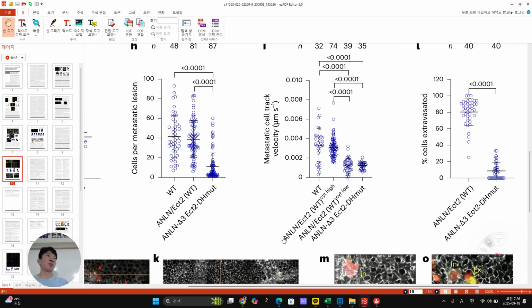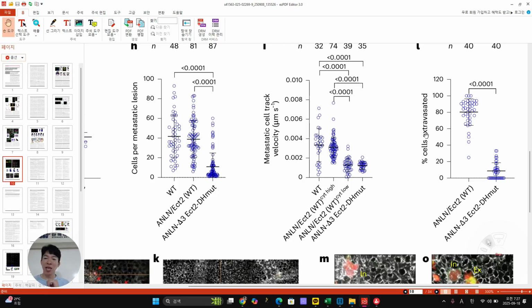Maybe some cells 100%, some 50%, some 20%, depending on how much of the plasmid they are transfected. Their level of this anillin could be different. So that's why when they check high and low in cytoplasm, they can see some difference. And in the mutant form, definitely it is going down.